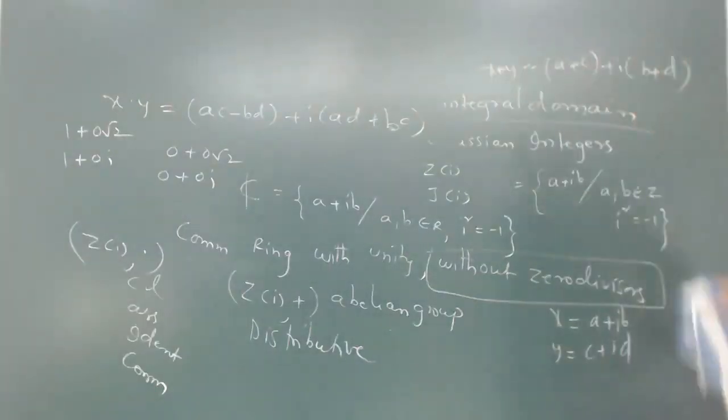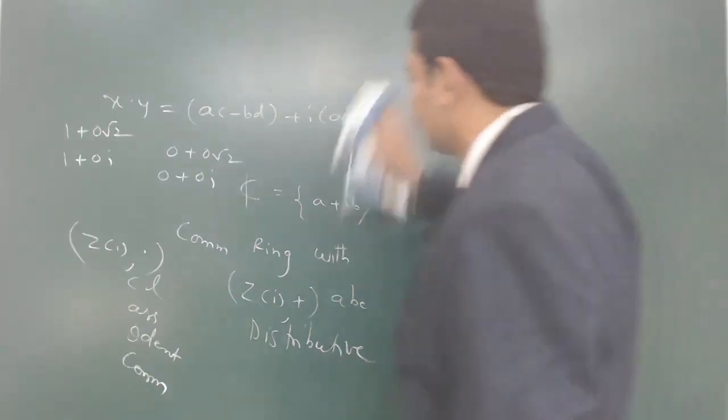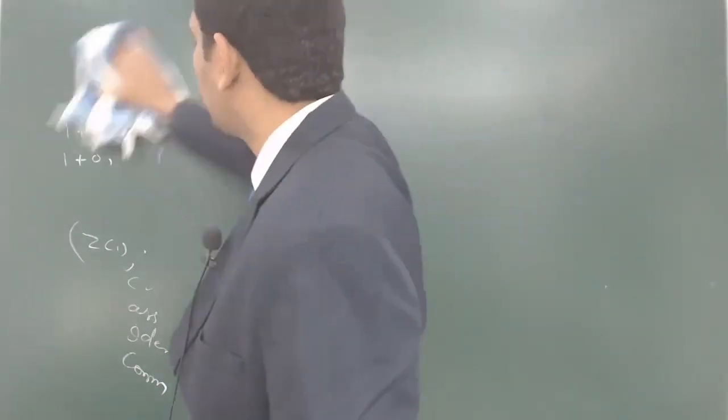Then I also prove that it is not at all a field, because the other properties you are able to solve on your own as per the previous problem discussion. If I give you an assignment proving that Z of i is a ring, are you able to do it?